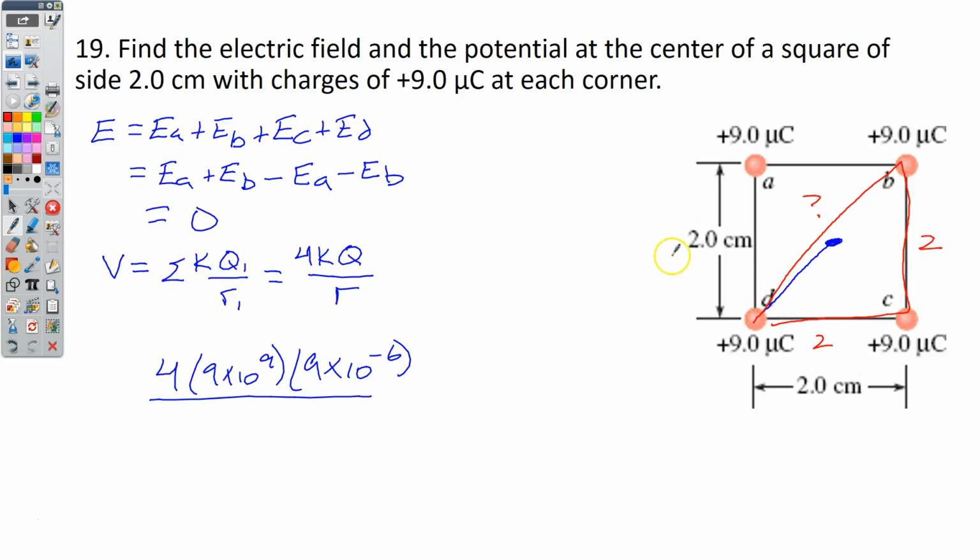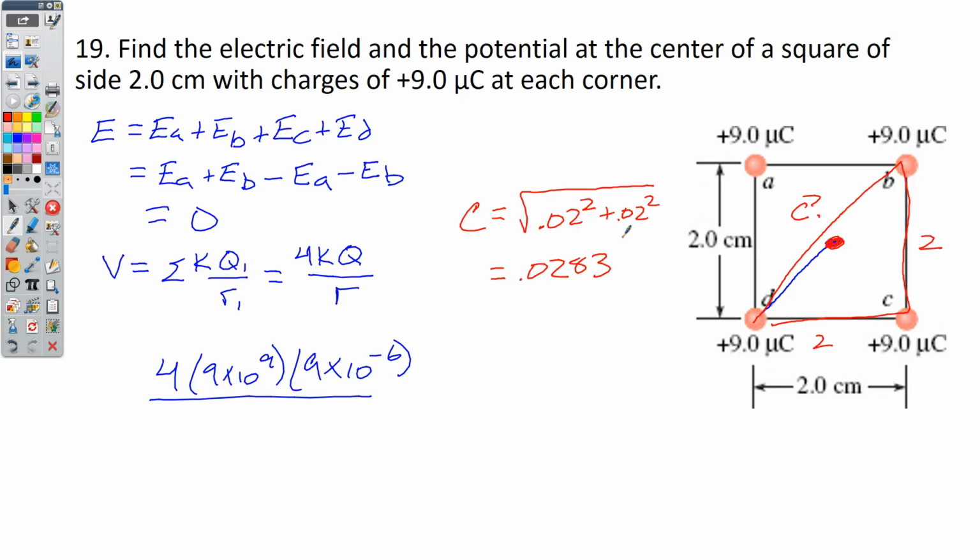I want to know what this side is. Once I know that, I'm going to divide it by 2, and that should give me this right here. So let's call this c, and c is equal to the square root of 0.02 squared plus 0.02 squared. If we do that, let's see what we get. And you get about 0.0283.